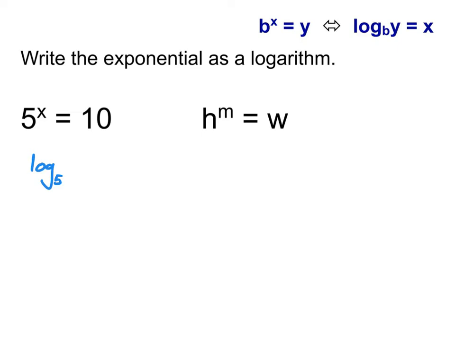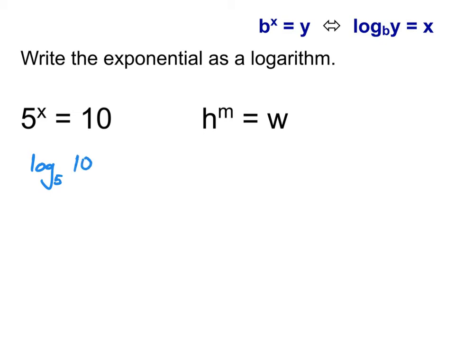Okay, next up, I'd have to put in whatever y is. So I look on the other side and see what the y is. Notice that the y is whatever was left on its own. It's what the exponential equaled. In this case, that would be the 10. So then we put the 10 next.